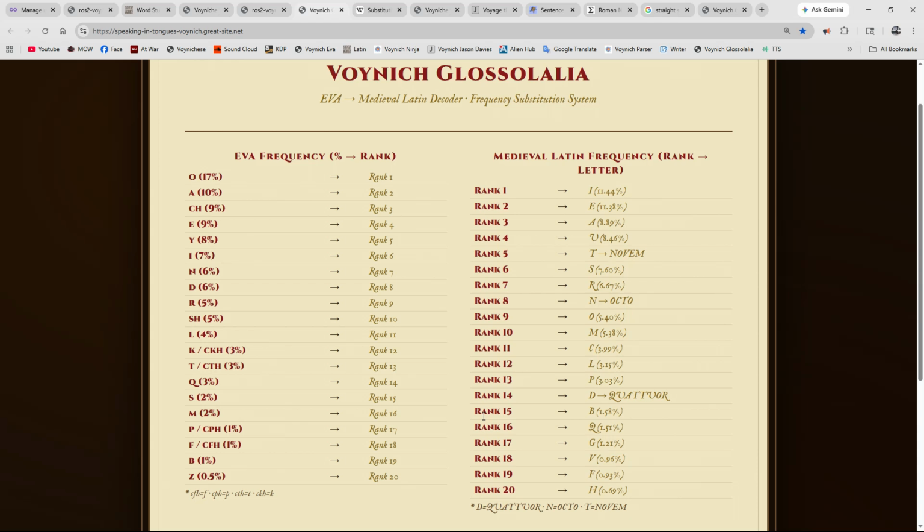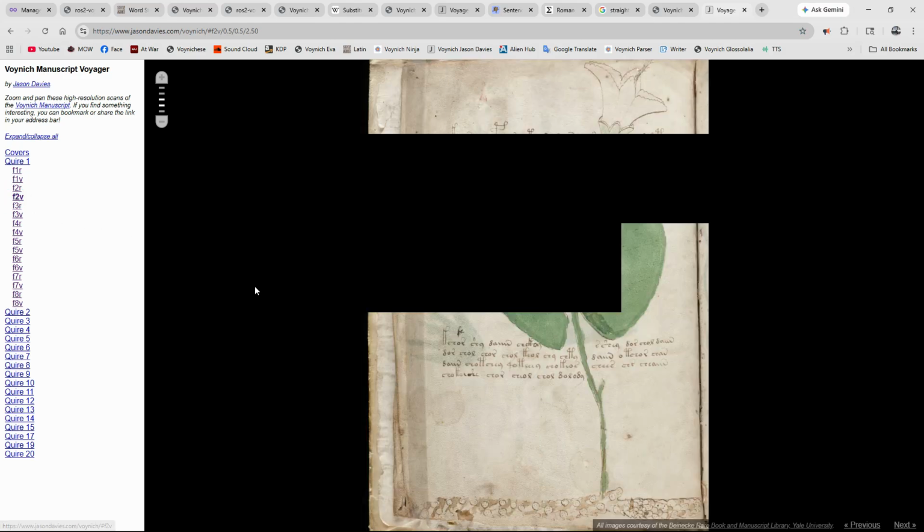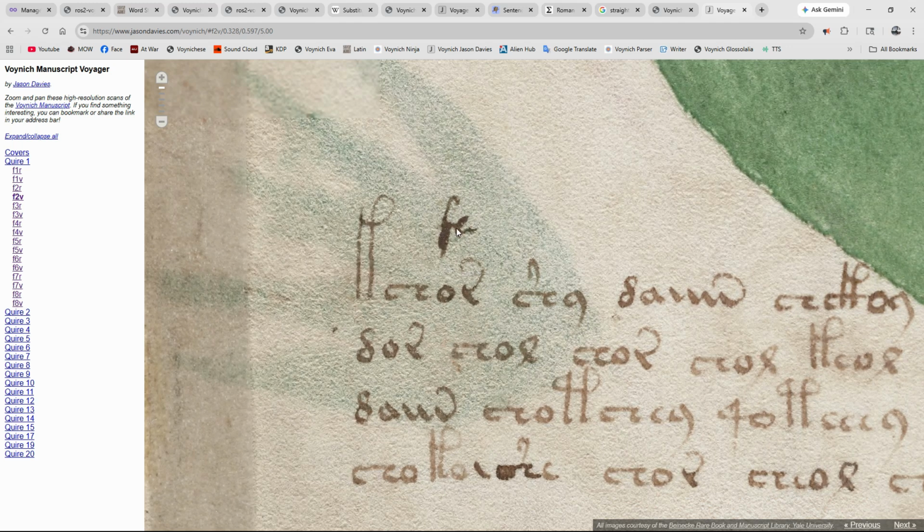And why I chose Latin, if we go into the manuscript, we'll see in here, Orange Davies on 2V, right in here, what looks like an F is really how they used to detail the glyph for S back then.